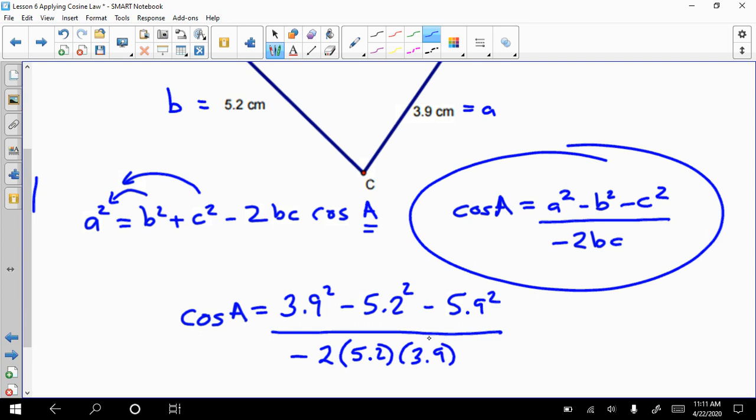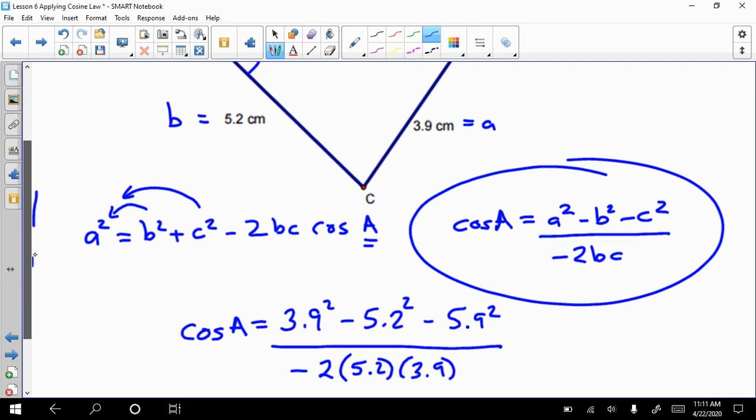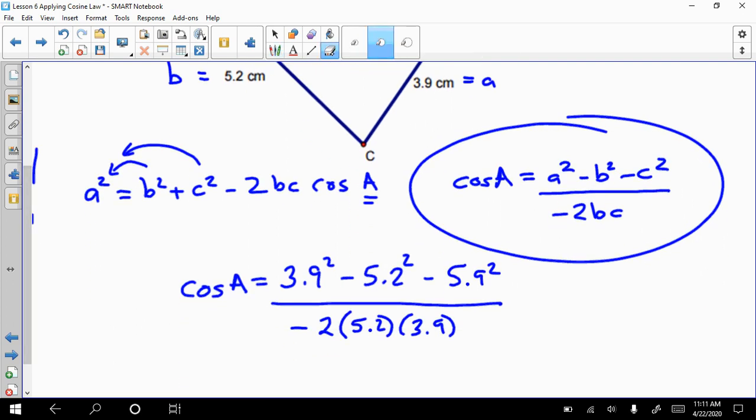That's b, and oh, sorry, that was a. I've got to be careful here. It should be b, and c is 5.9. Let me fix that up.